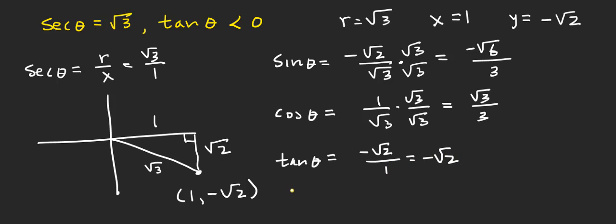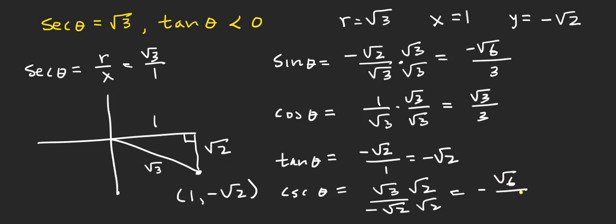How are you going to find cosecant theta? Cosecant theta is the reciprocal of sine theta, or just r over y. So it's going to be radical 3 over negative radical 2, which is going to be multiplied top and bottom by radical 2. You'll get negative radical 6 over 2.